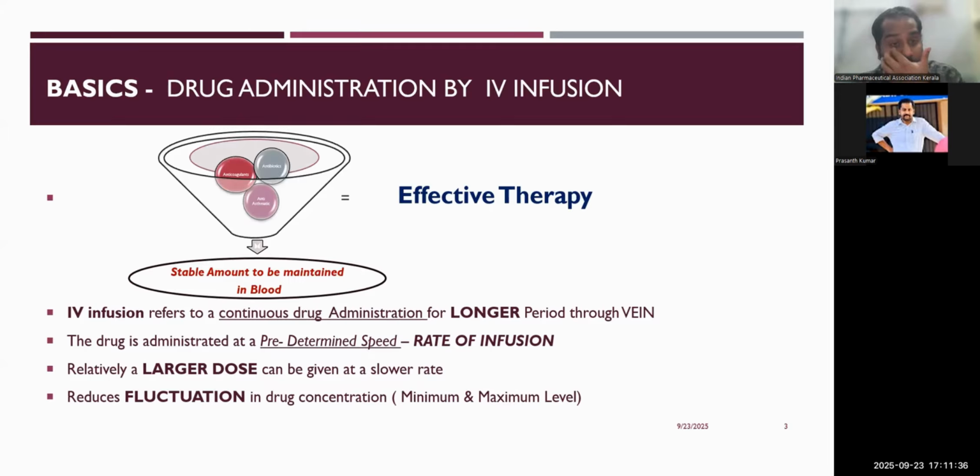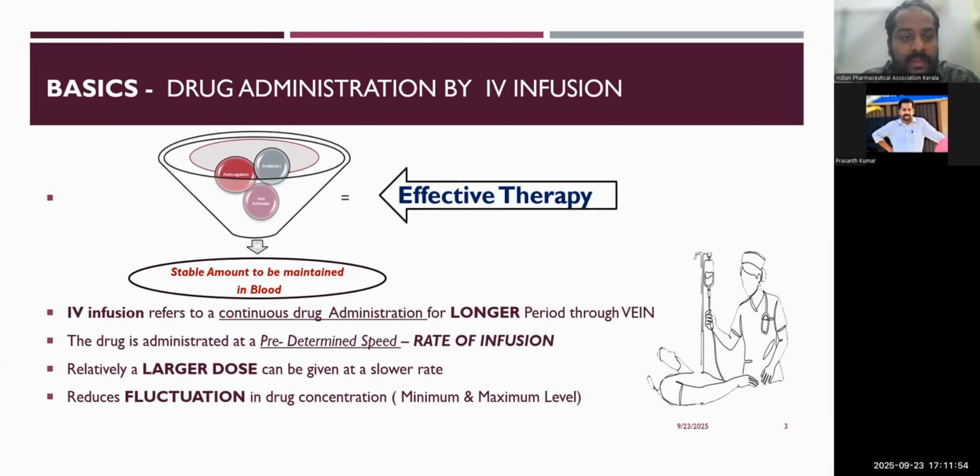So first we'll move into the basics of drug administration by IV infusion. As we know, there are some drugs whose concentration needs to be stable and maintained in blood for their effective drug therapy. As this picture indicates, there is administration of a drug to a bedside patient through an infusion set assisted by a nurse.